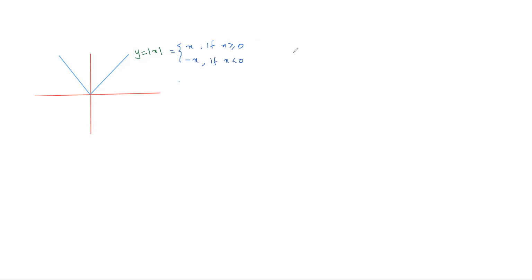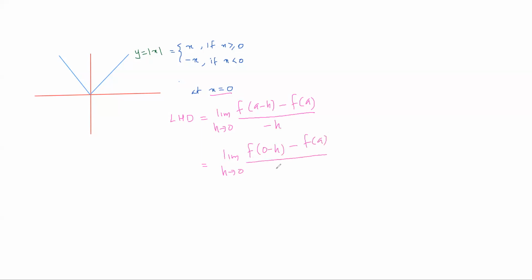Now I'm going to check the differentiability at x is equal to 0. So I'm going to find the left hand derivative. The left hand derivative formula, as I told you, is limit h goes to 0 of f of a minus h minus f of a divided by minus h. We are checking at a equal to 0, where f of a is 0 here.